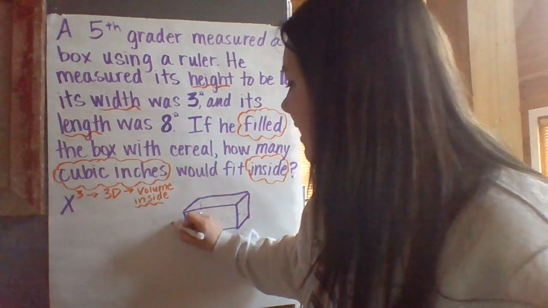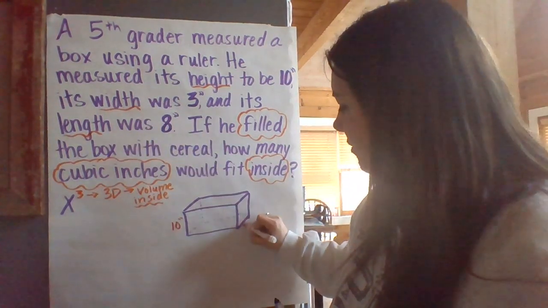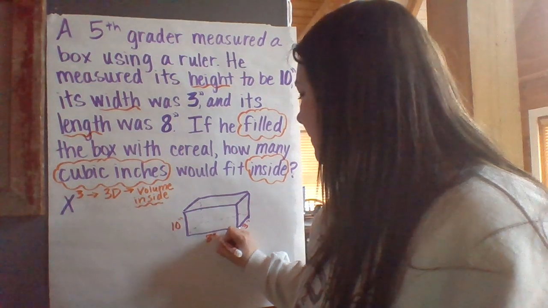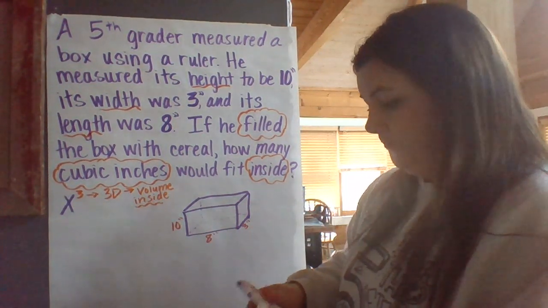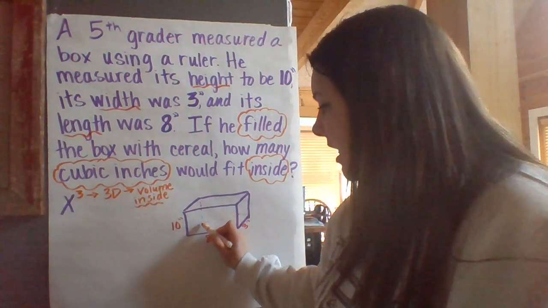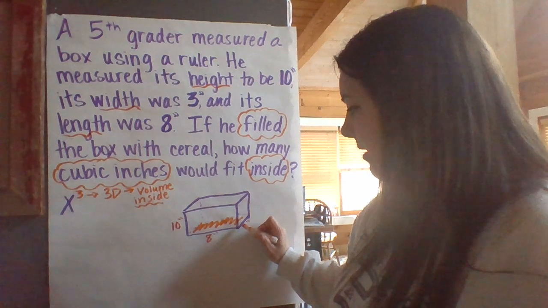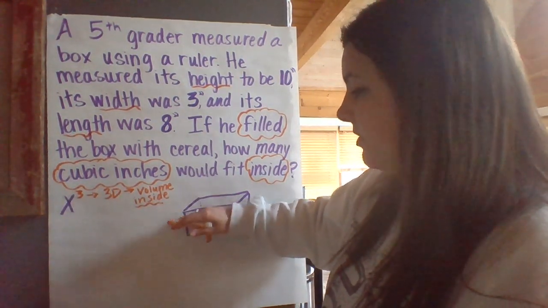So the height is 10 inches. The width was 3 inches. And the length was 8 inches. So what we are trying to determine is the area here is 8 times 3. But then we have 10 layers of those, 10 inches, 10 layers of those.